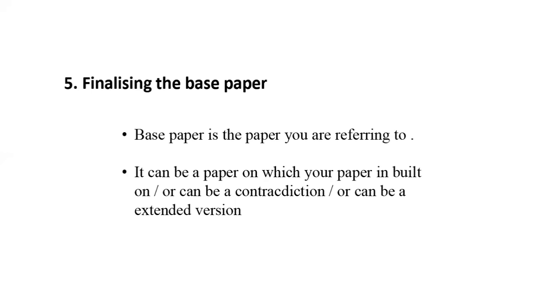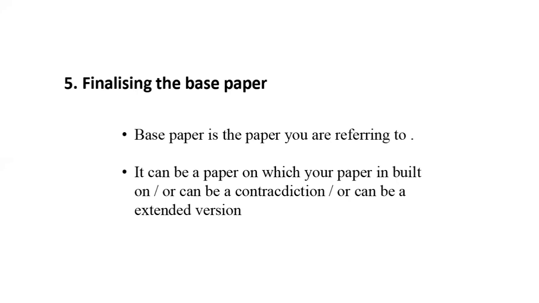You can contradict it, or extend the same process, or pick some concepts and elaborate on them in your research paper. Anything you can do, but before that you need to finalize your base paper. This is one of the mandatory and also important steps. By doing this, you are ready for starting your own research paper.